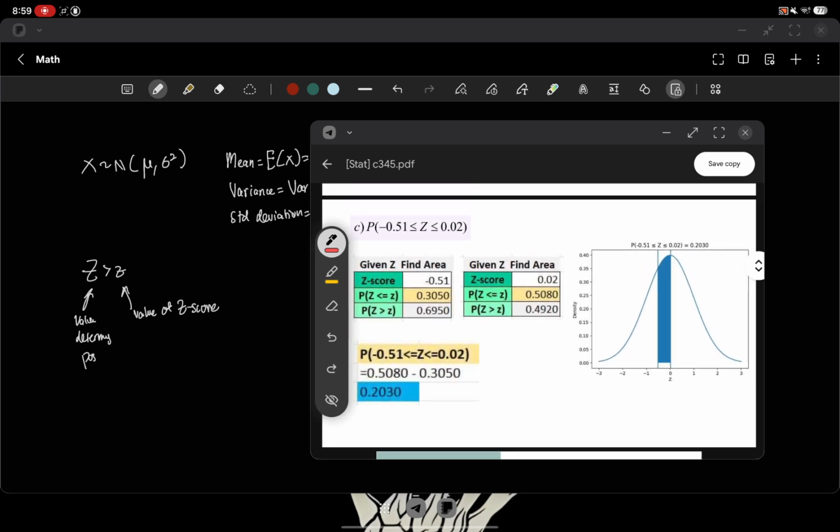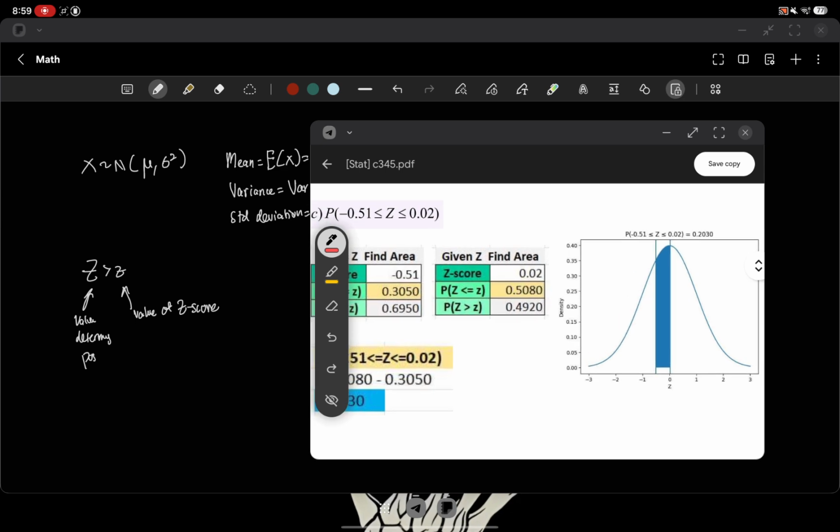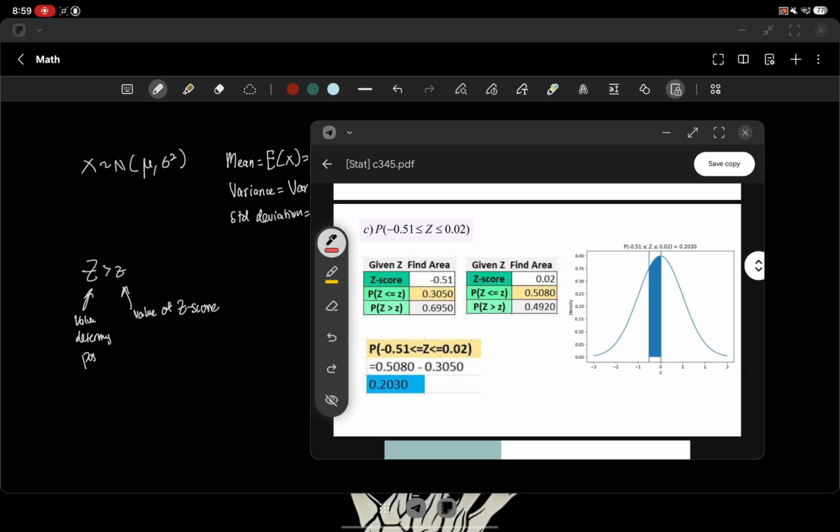Okay, so in this case we take the big Z as the Z score. We know that Z is smaller than 0.02, so this is the region covered.